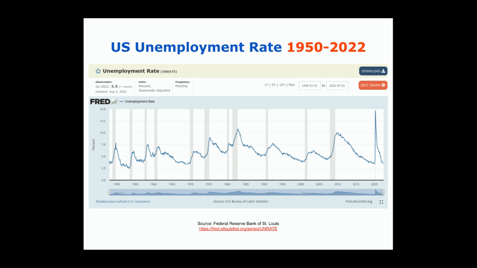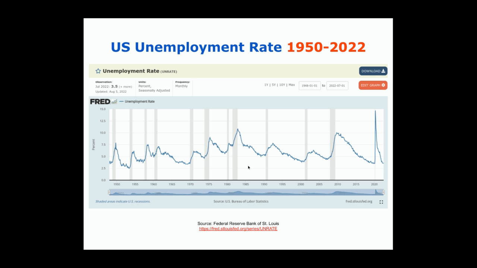Here's the U3 rate over the last 70 years, and again you can see it goes up and down over time. It's been as high as 7% and 10% and 12% and even higher. It's been as low as in the low 2%, 2-3% range. So on average, again, if we drew this line, it's probably in this 5% range.